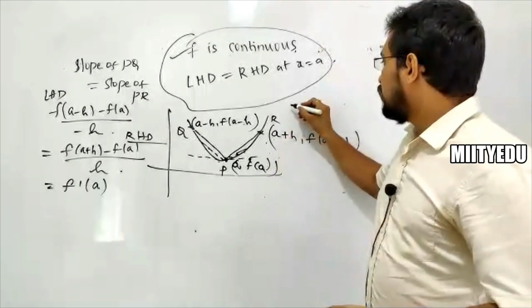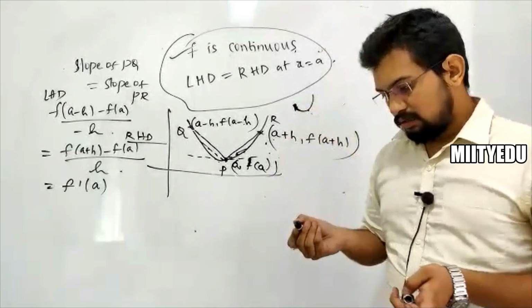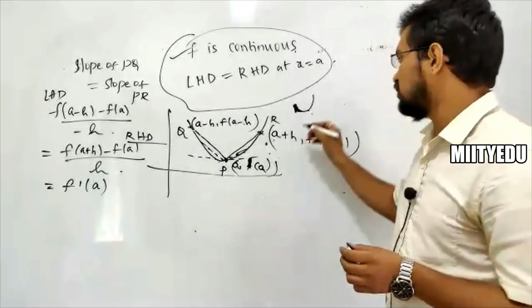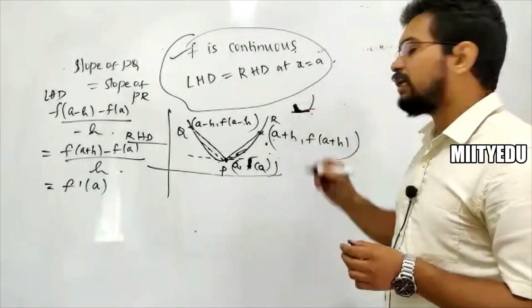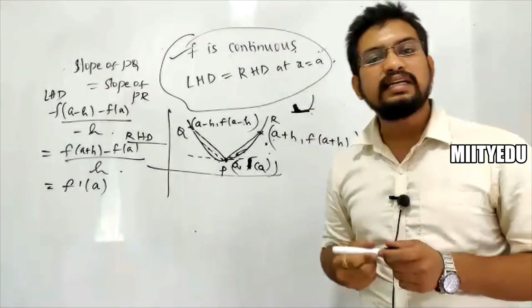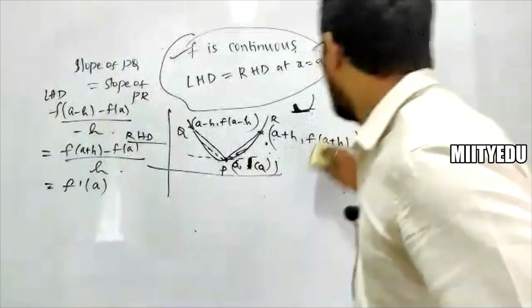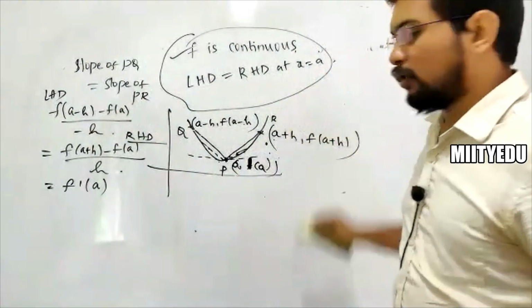Because if the curve itself is not existing, how can you talk about the differentiability at this point? How can you talk about the slope of the tangent at that point? If the curve itself is not existing, how can you talk about the slope of the tangent at that point?